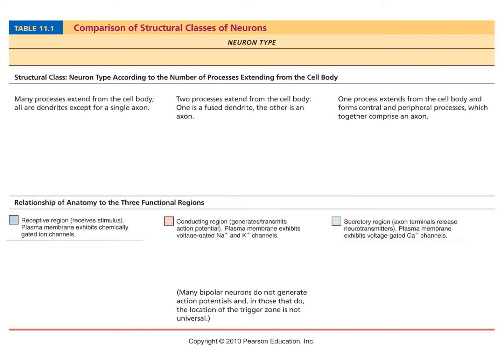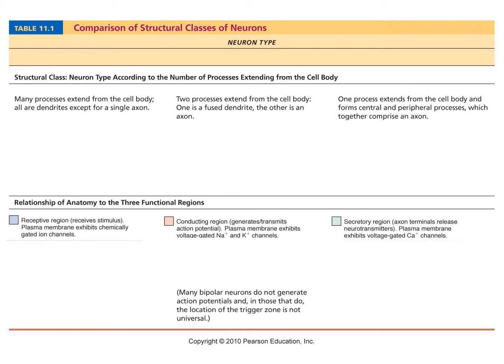The 3 functional regions are going to be receptive, conducting, and secretory. The main thing that I want you to pay attention to with these regions is that they contain different types of membrane proteins. Your receptive region is going to consist of membrane proteins that have the ability to receive signals.